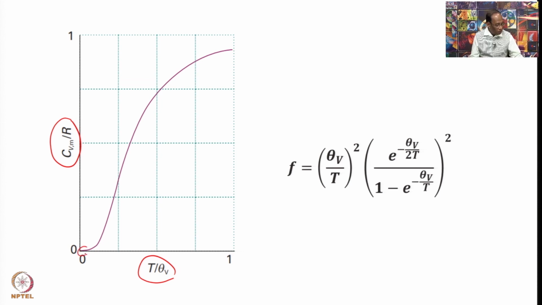Therefore, heat capacity is approximately 0. And as the temperature increases, you see it reaches towards a full value of R, which is predicted by the equipartition theorem. I hope it is clear.